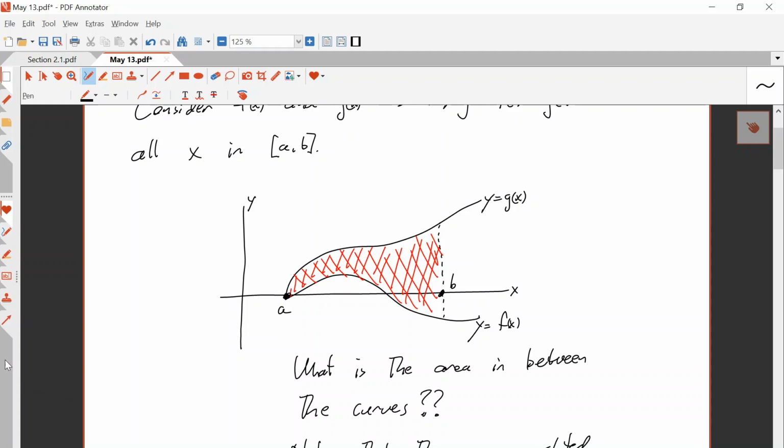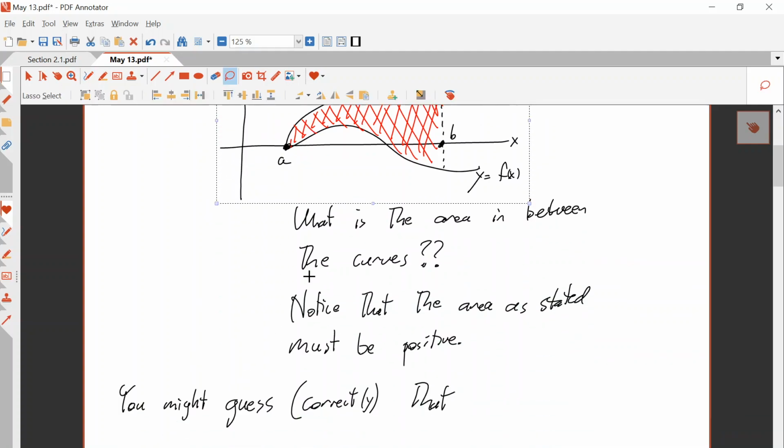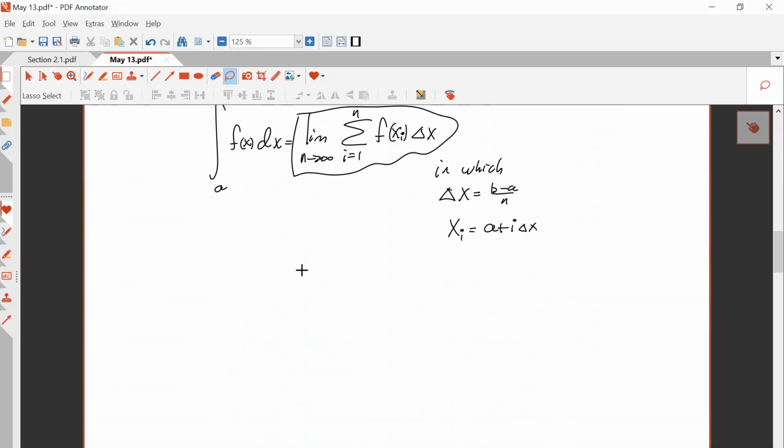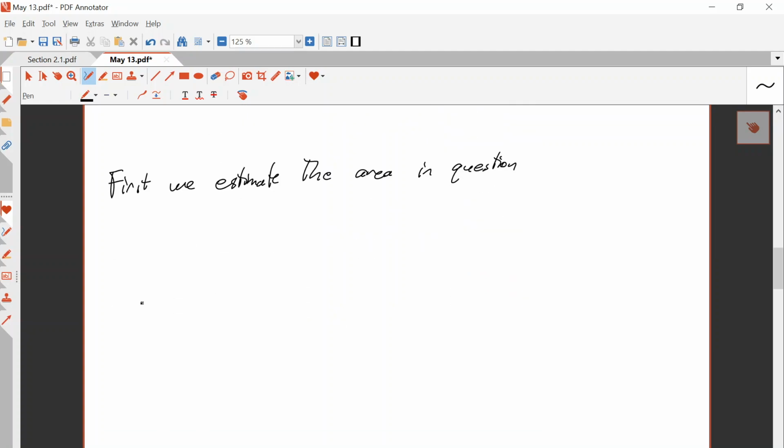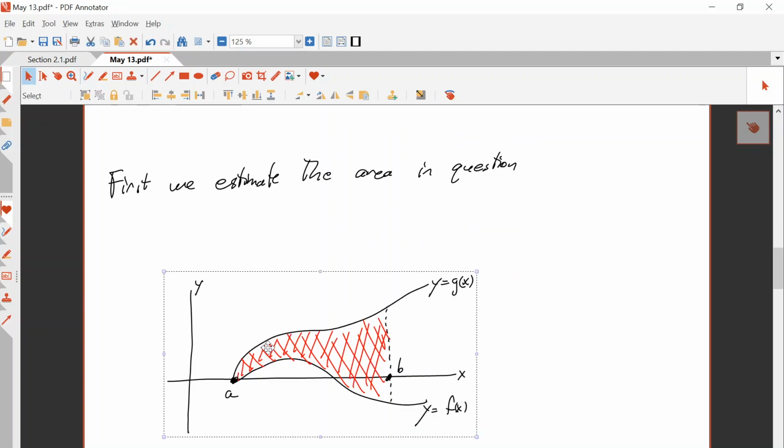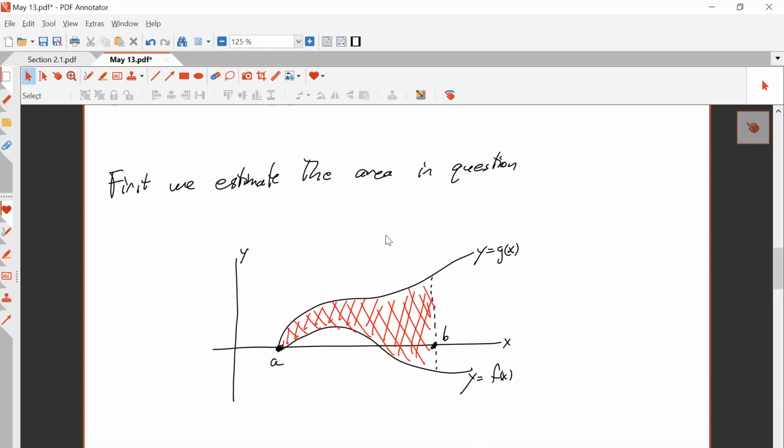So let's grab this picture here, and let's take a look at it down here. First we estimate the area in question. Here's the area we're looking at.